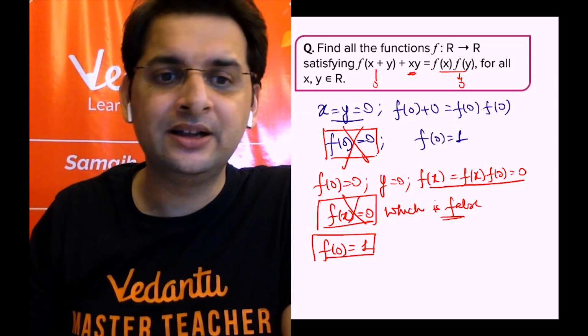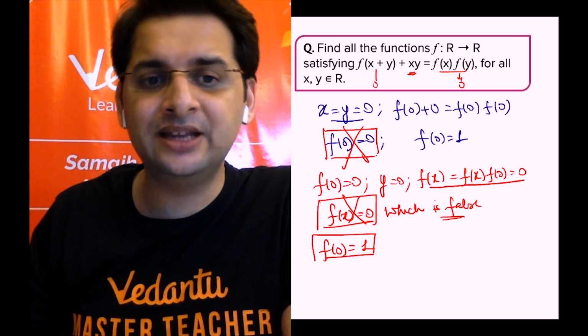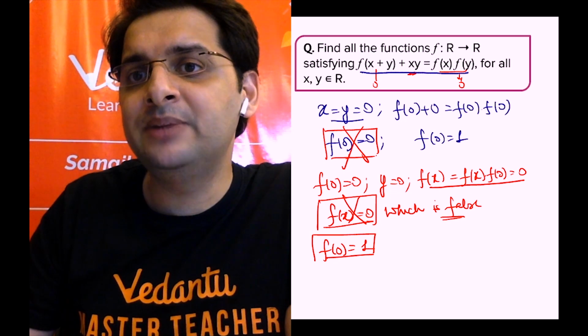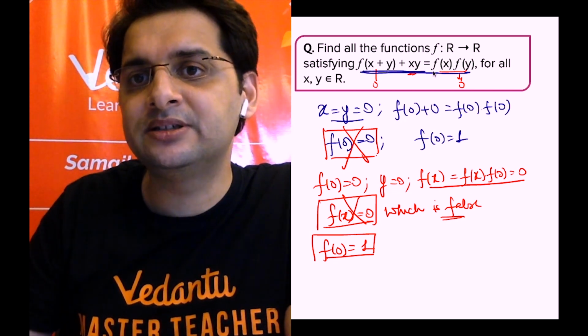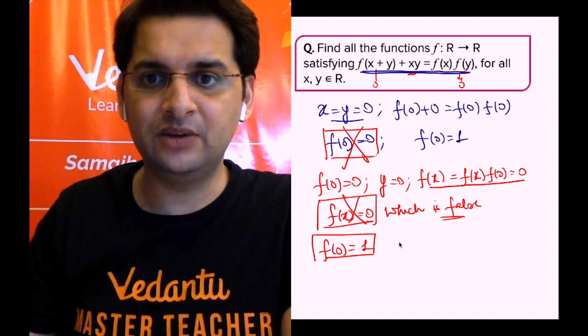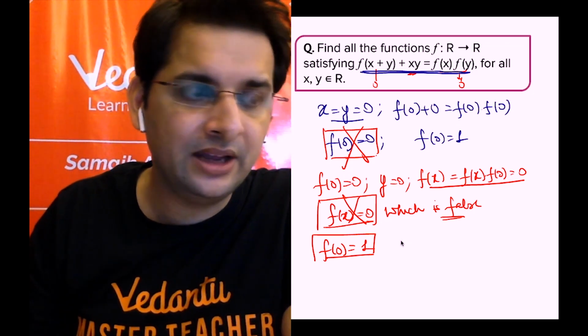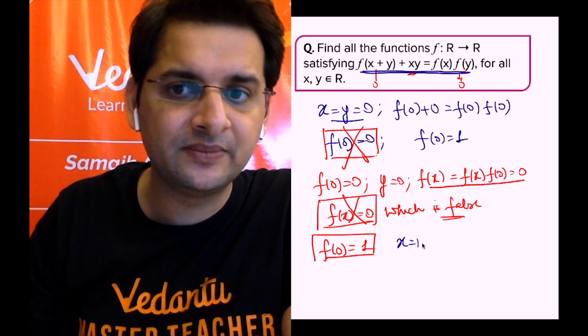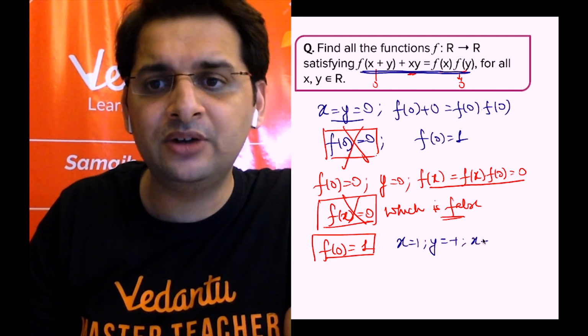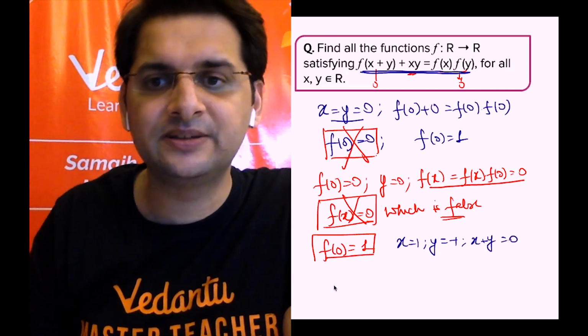Now again, continuing with the previous thing that we did in the previous lecture, the idea is to eliminate one of the variables. Now, if I take x as 1 and y as minus 1, so x plus y would be 0, and I can use this.